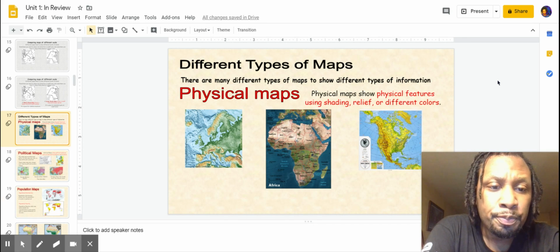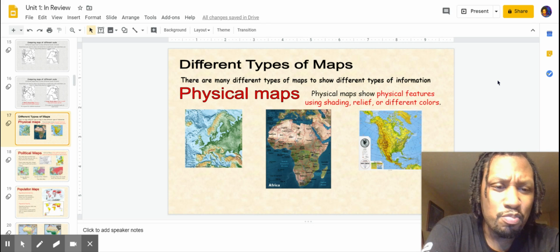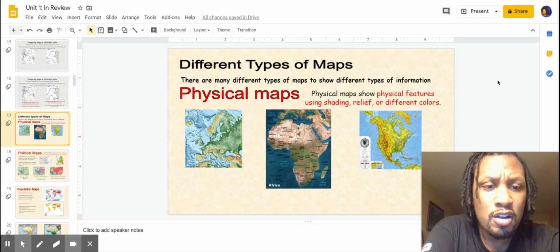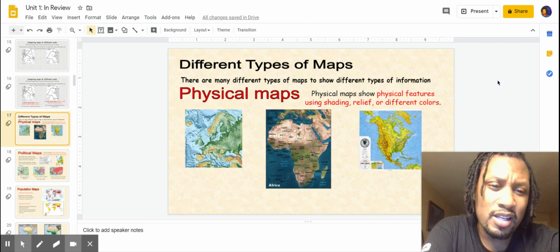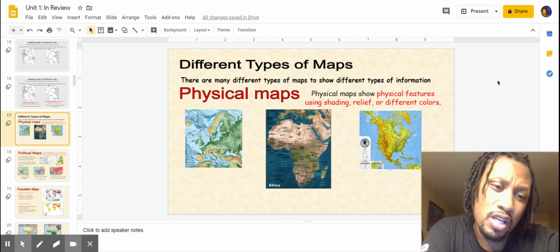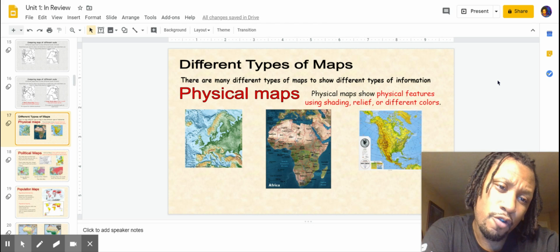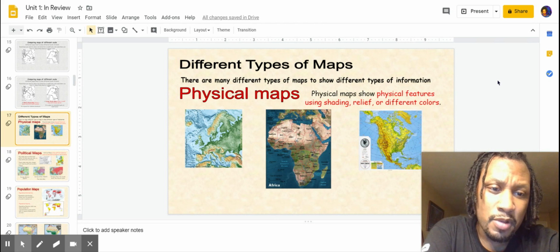And the third one is basically a map of North America. What I see there is again mountain ranges, I see plains, I see desert, I see, well, not forest, but tropical areas.